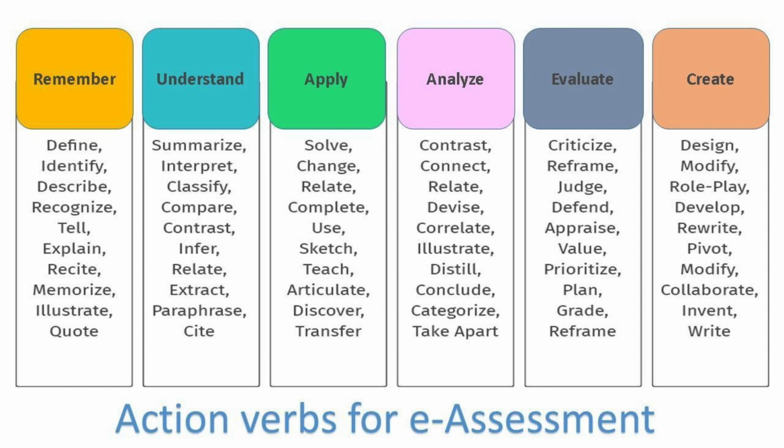Contrast, connect, relate, devise, correlate, illustrate, distill, conclude, categorize, and take part are some of the action verbs that come under the skill analyze. Under the skill evaluate come criticize, reframe, judge, defend, appraise, value, prioritize, plan, grade, and reframe.